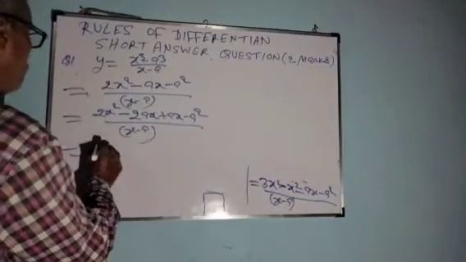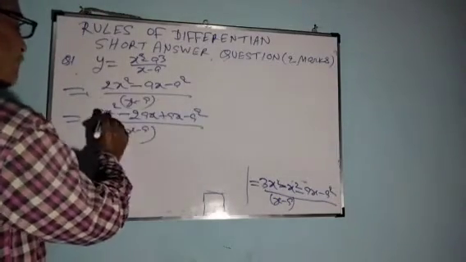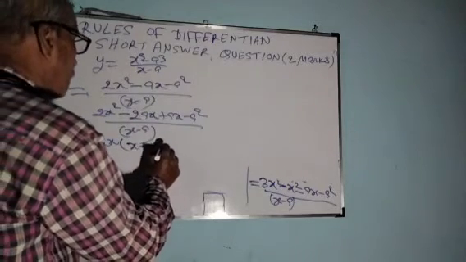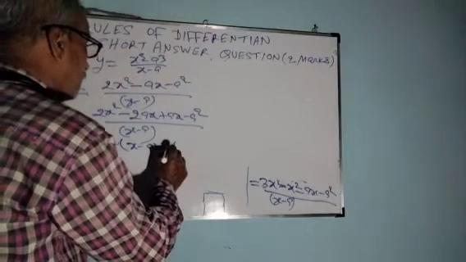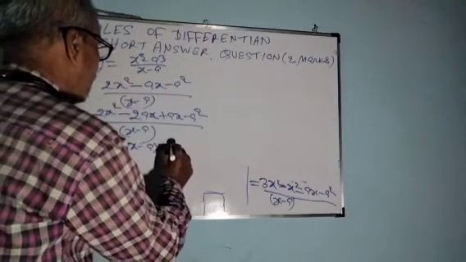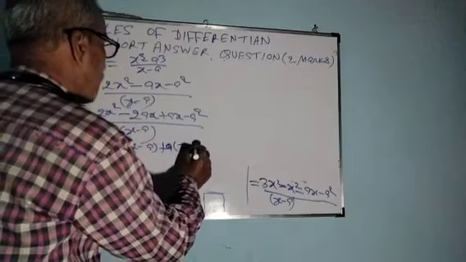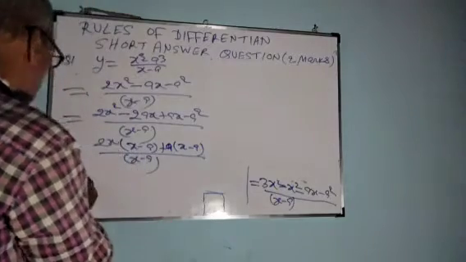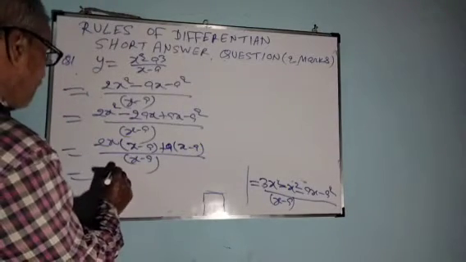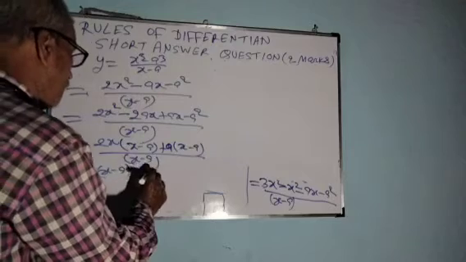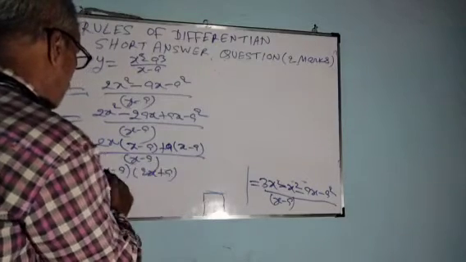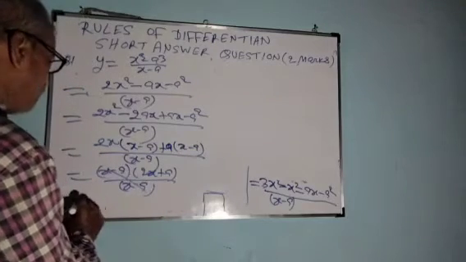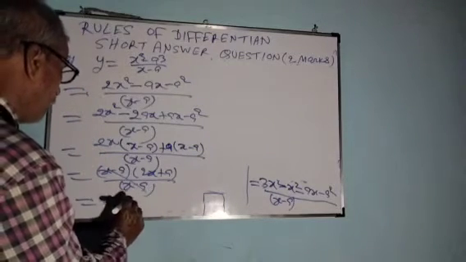Take common 2x from the first two terms, 2x (x minus a), plus 1 and take common a, (x minus a), by x minus a. Now we take common x minus a: (x minus a)(2x plus a) by (x minus a), x minus a cancels. This is equal to 2x plus a.